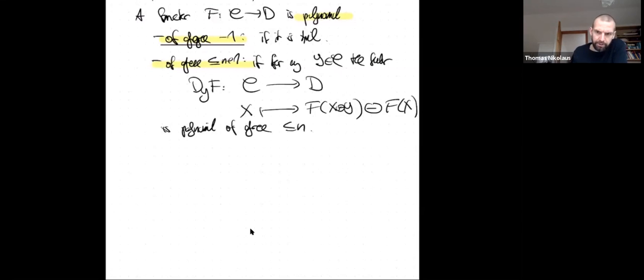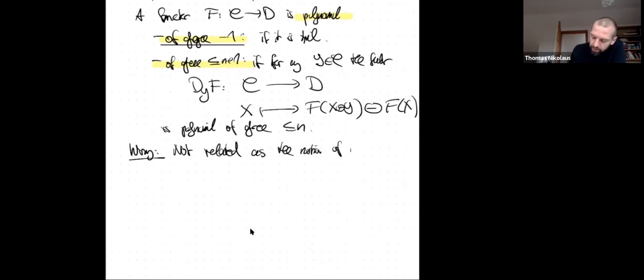I mean, there's a bunch of equivalent definitions, and usually you maybe see a definition in terms of cross effects. Let me give you one warning. This is not the same as, or not related, I mean, it's probably related in some ways, but not the same as the notion of polynomial functors from logic and computer theory.